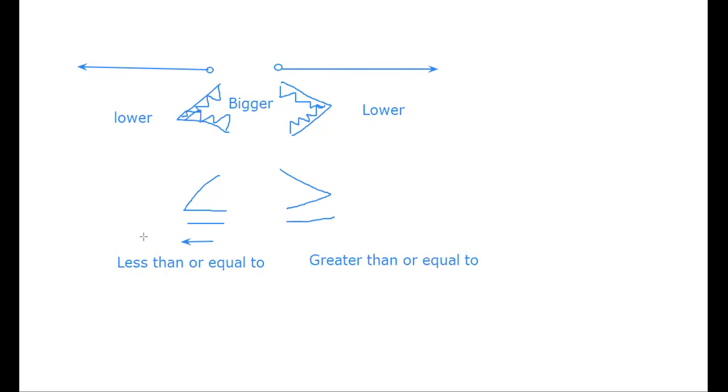These though, and this is true throughout every level of algebra or geometry that you go to, you're going to see these open and closed circles. The open circle means it's not included. The closed circle means it is included.